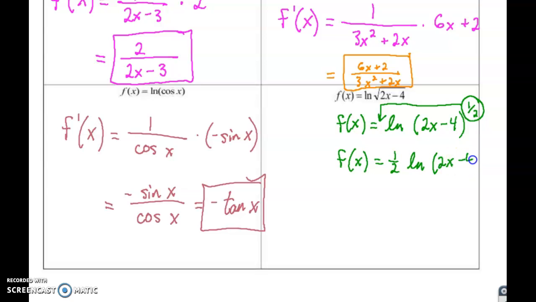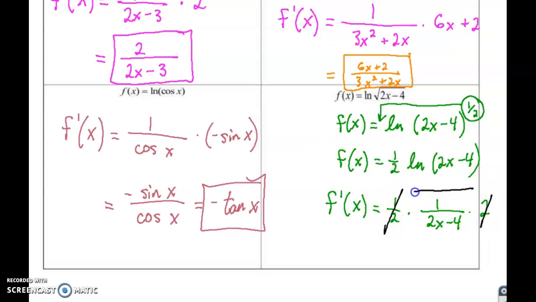So now when you're asked to do this problem for the derivative, you just look at that and say, oh, well, 1/2 times 1 over 2x minus 4 times the derivative of 2x minus 4, which is just times 2. Well, that's kind of nice. This 1/2 times 2 would cancel, and this would be your final answer.